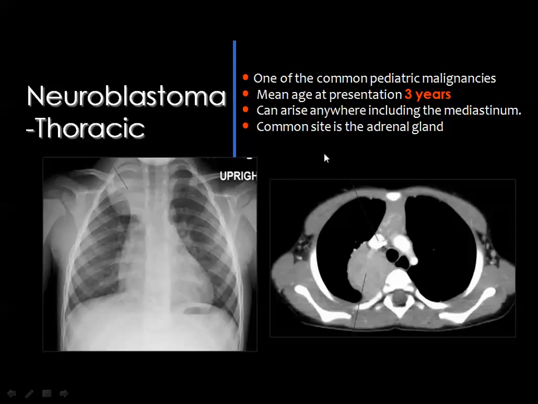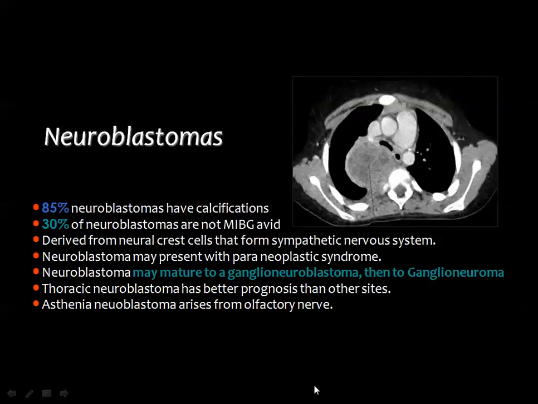And you know that it can also arise from the adrenal gland. Then frequently the mass contains calcium, and calcium is seen by CT in about 85% of cases. And these masses also being of neurogenic origin, they may extend inside the spinal canal.